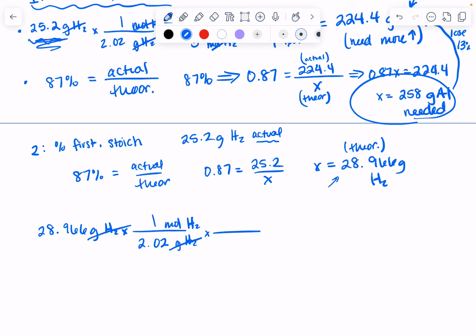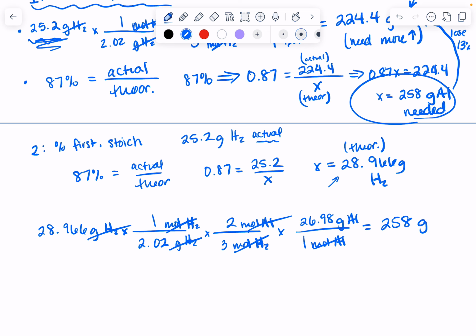Use our mole ratio to go from moles of hydrogen into moles of aluminum, 2 to 3 ratio. And then we're going from moles of aluminum into grams of aluminum using our molar mass of aluminum, and you multiply this across, 258 grams of aluminum needed.